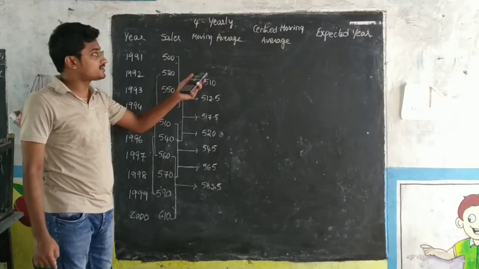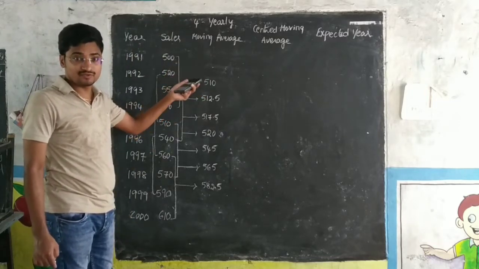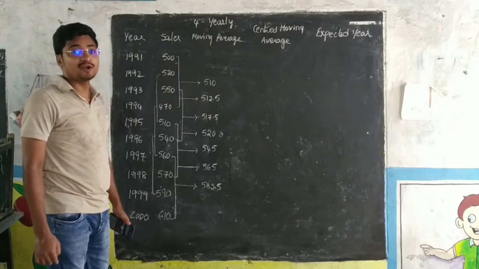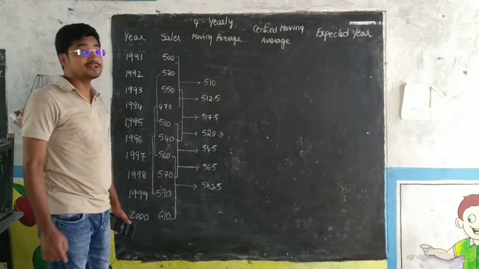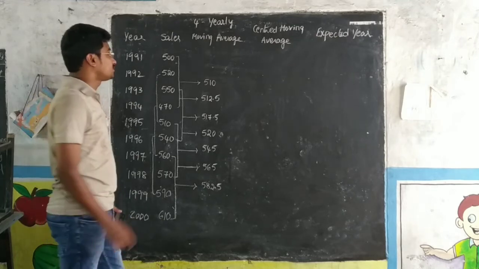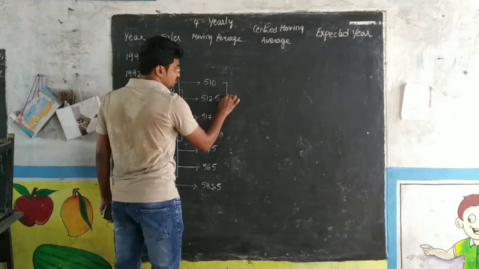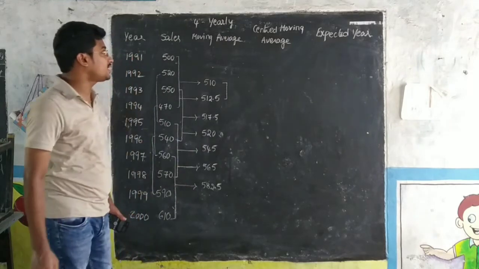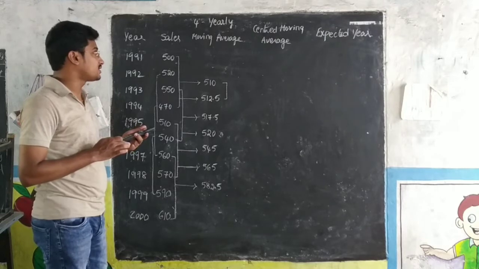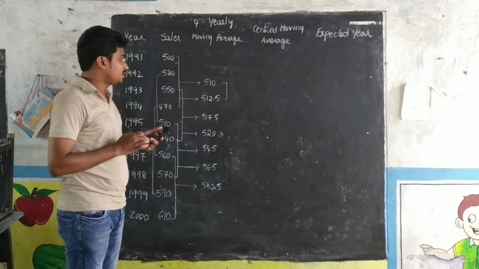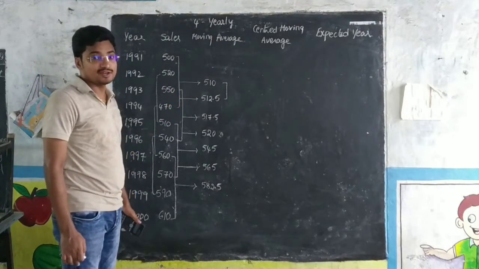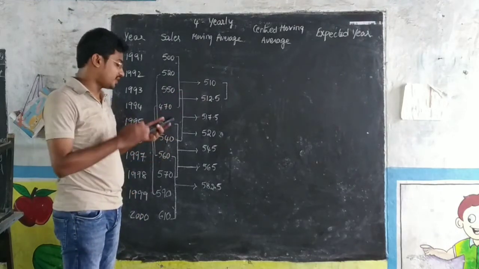We have to find the average of two values only. First, the average of the first 2 values in the 4 yearly moving average.